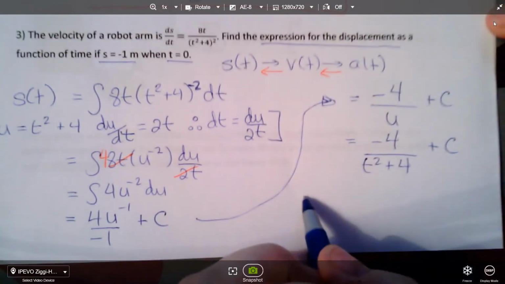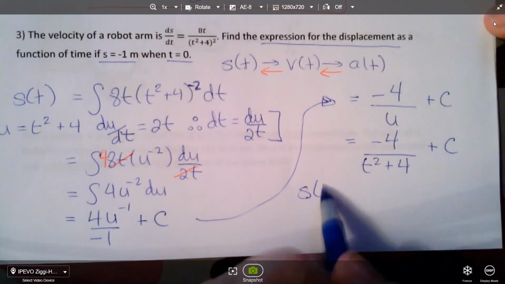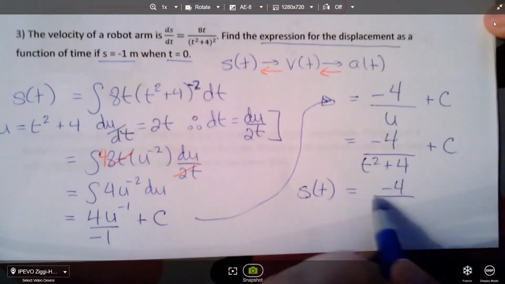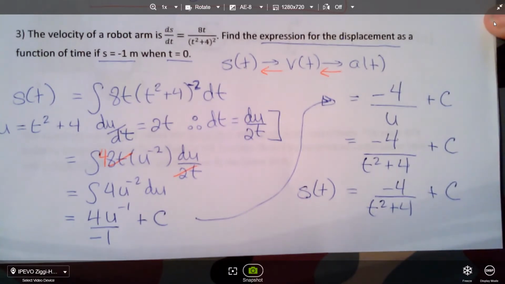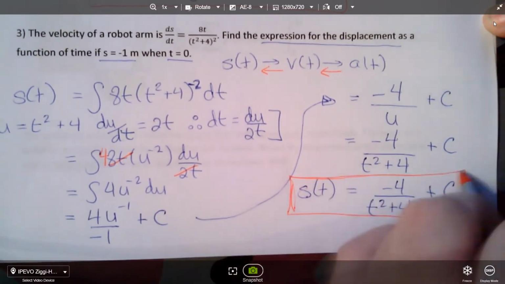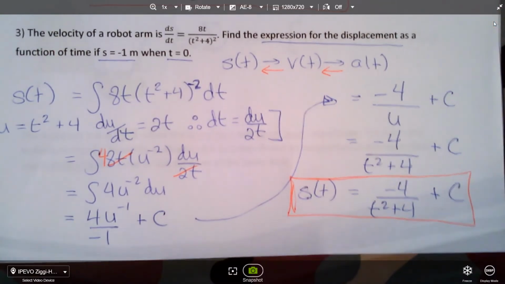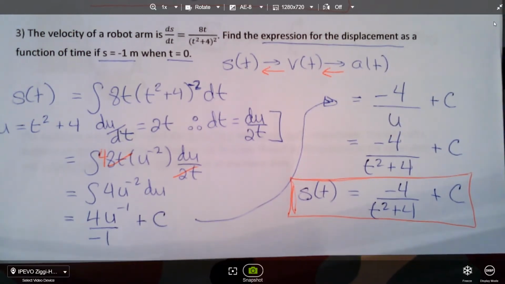All right, so therefore, find the expression for the displacement, S(t). So there it is there. So there is the expression for displacement in terms of time. So now I not only know how fast the robot is moving at different times, but I also now know its displacement at different times of t.